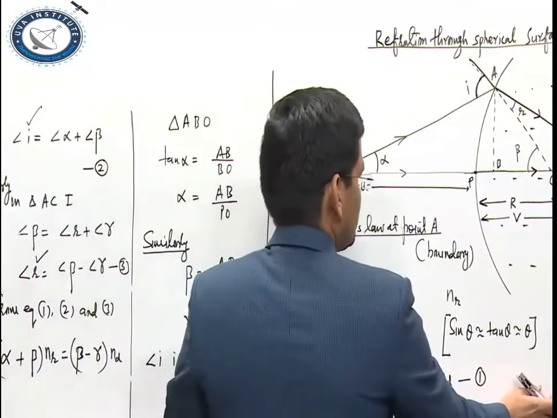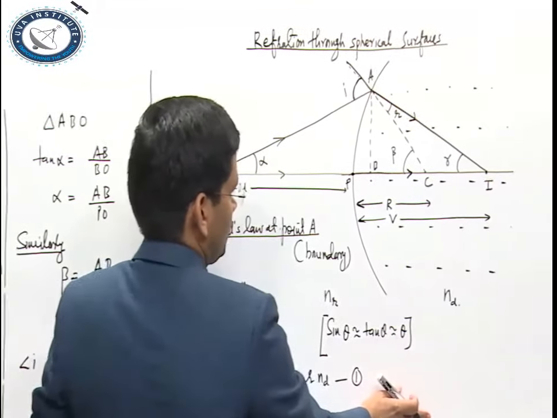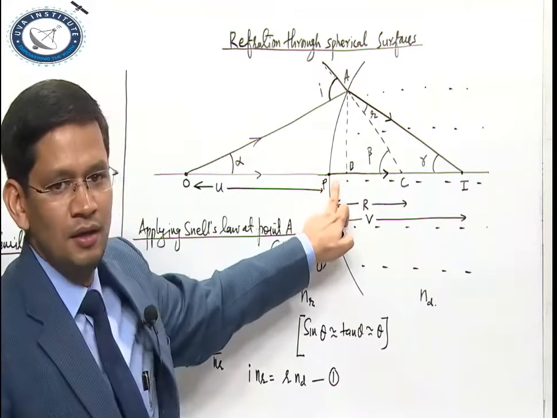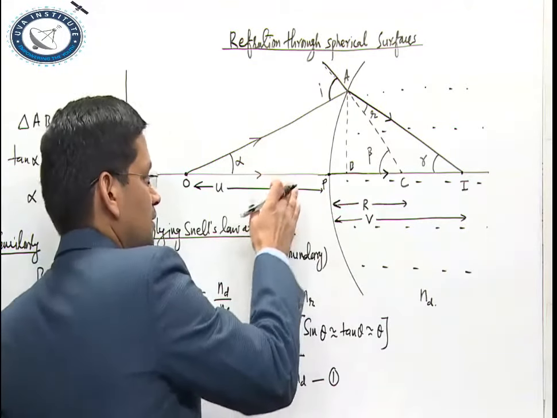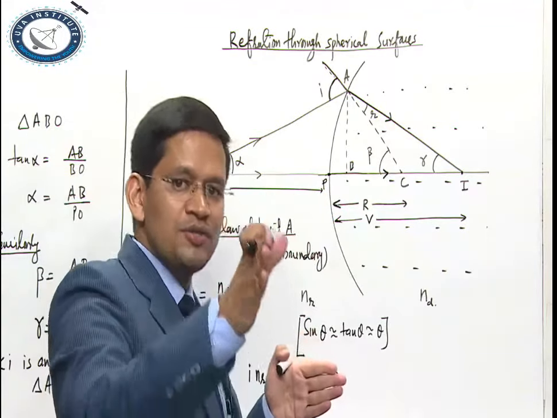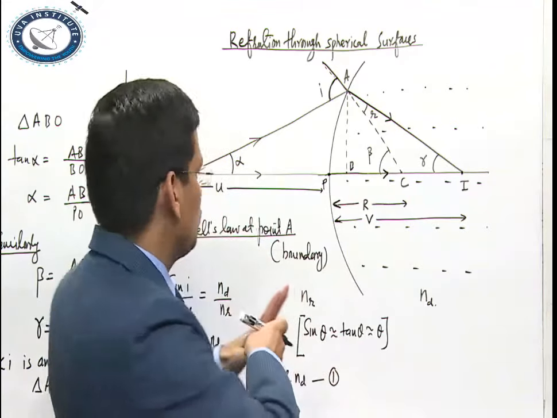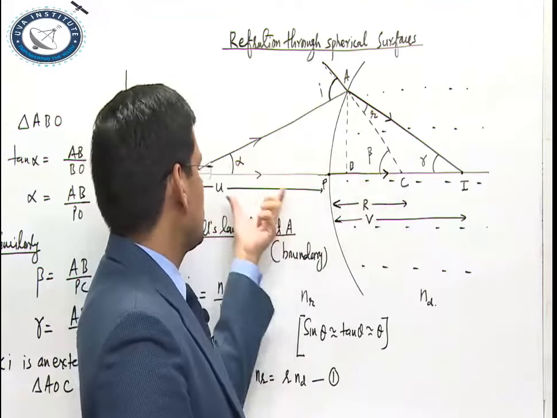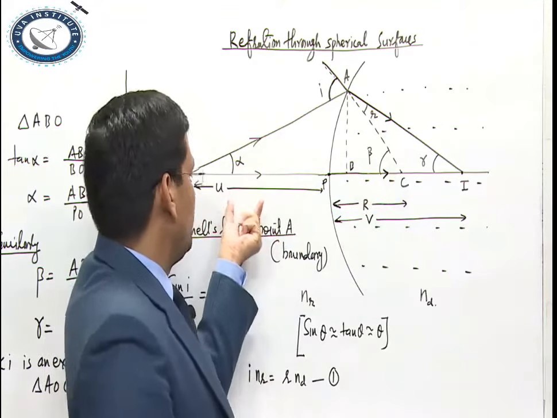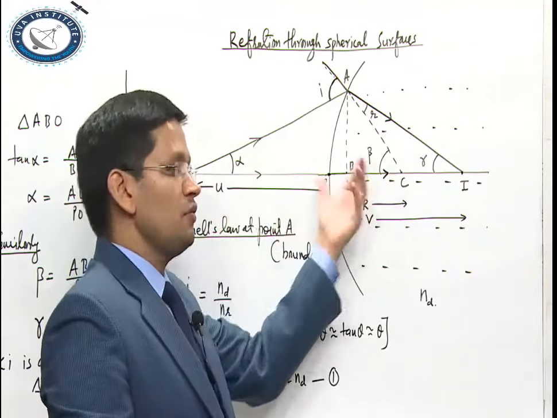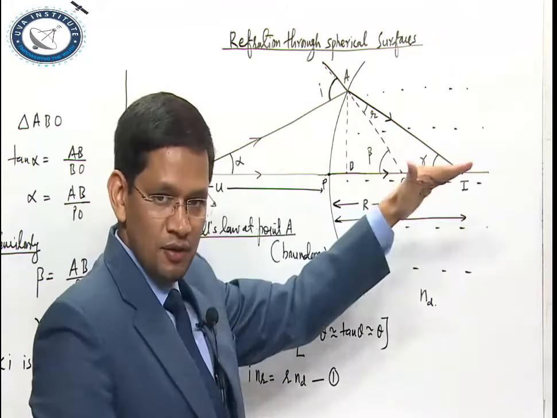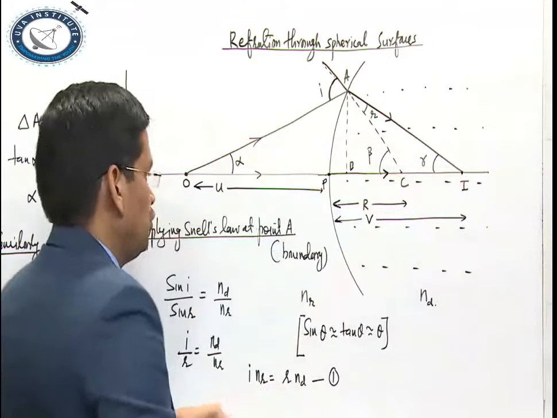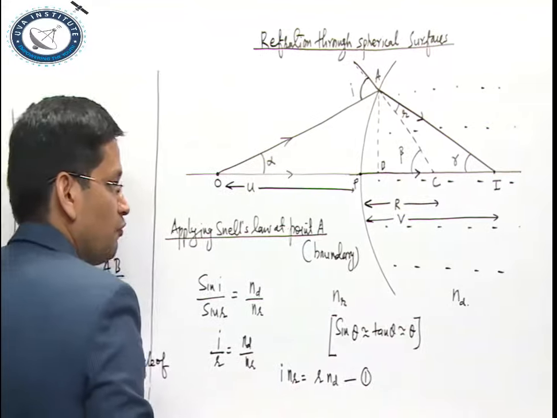All distances are measured from point P. Distances measured in the direction opposite to the incident light are taken as negative. Light is going from left to right and you are going from right to left, so this distance will be minus u. This will be positive because you are measuring in the direction of light. So u is negative, r is positive, v is positive.